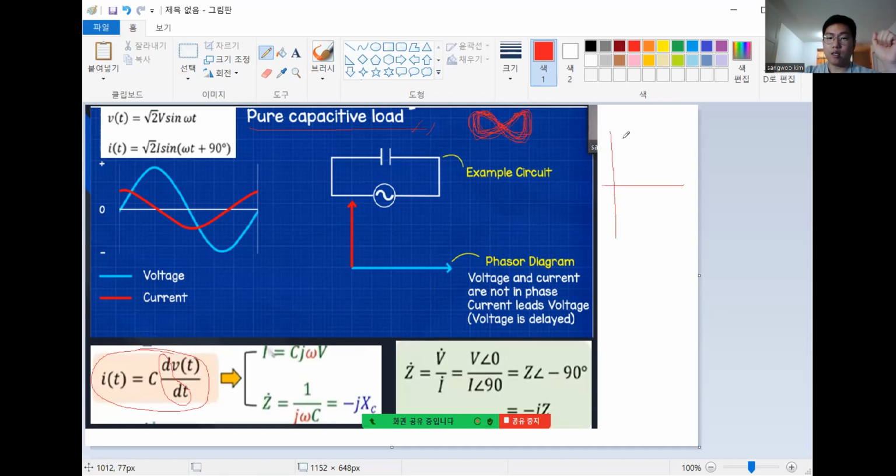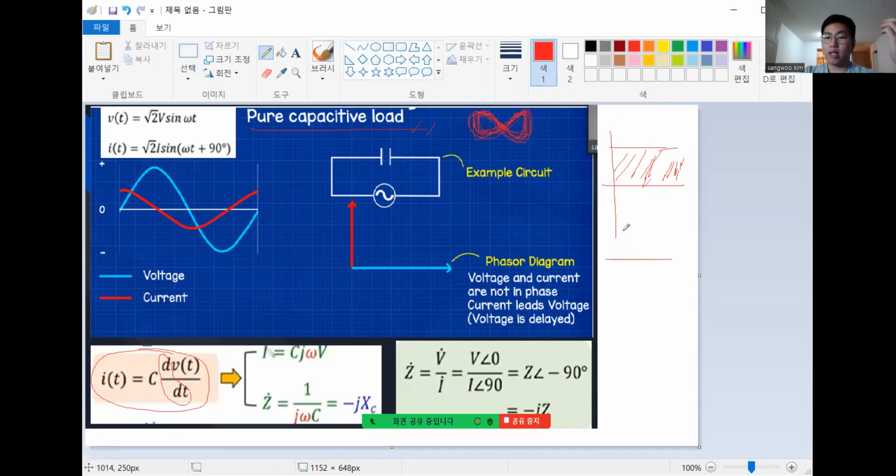In the DC, the voltage is the same, right? So nothing happened. But as I said, the capacitor's natural property is infinite, an open circuit, right? So that's why it's going to be open in the DC circuit, we say.